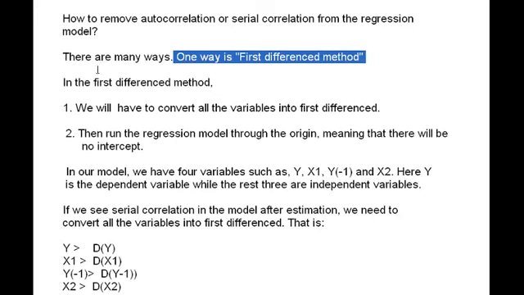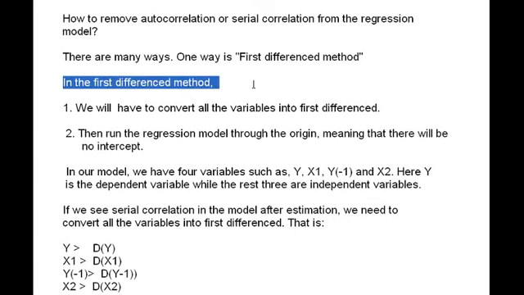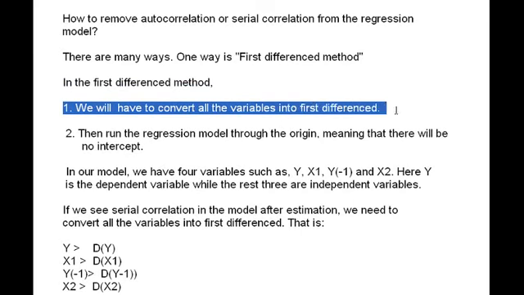What does first difference mean? There are two steps in the first difference method. Number one, we have to convert all the variables into first difference. That is the first thing we have to do.